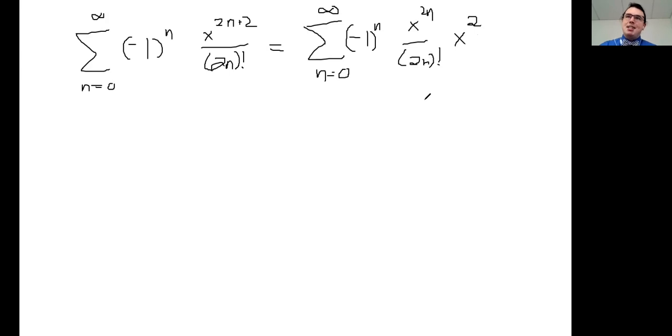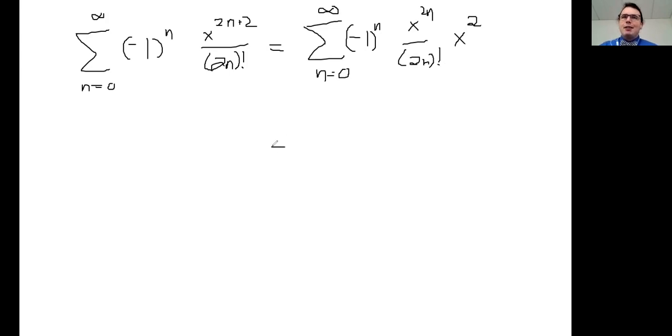For n equals 1, I'll get a different fraction. For n equals 2, I'll get a different fraction again. And then each of those fractions is multiplied by the same x squared. How do I know it's the same? There are no n's in it. So the value of n does not change this multiplication by x squared.